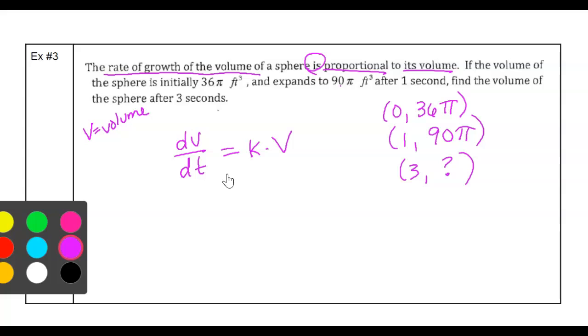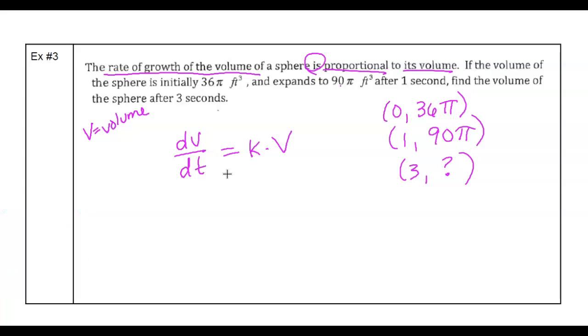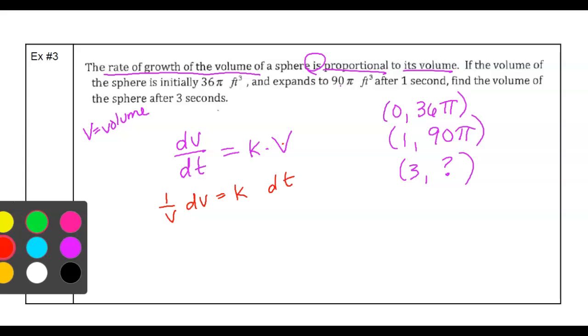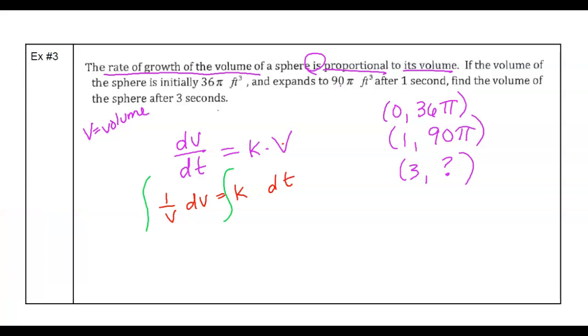So once again, we're going to separate, integrate, plug in some initial conditions, and find what they need. So let's go ahead and separate. I'm going to divide by V, multiply by dt. We'll integrate both sides. So the natural log of V, and because we're talking about volumes, these are going to be positive, so it's okay if we leave that bar off. I just don't like to. So kt plus c.